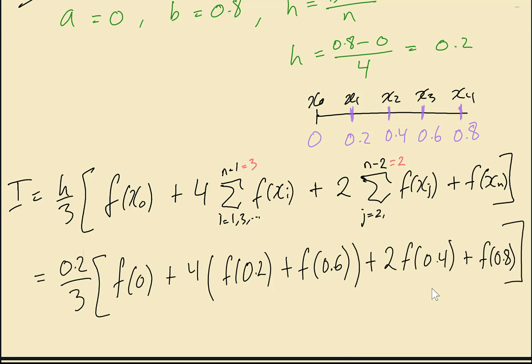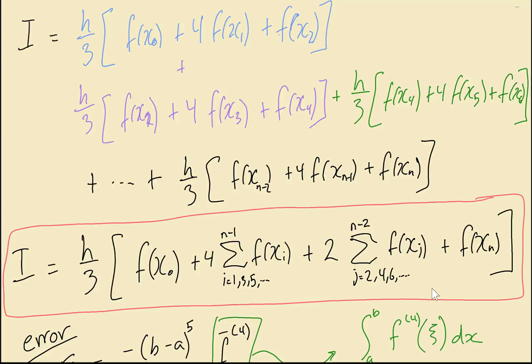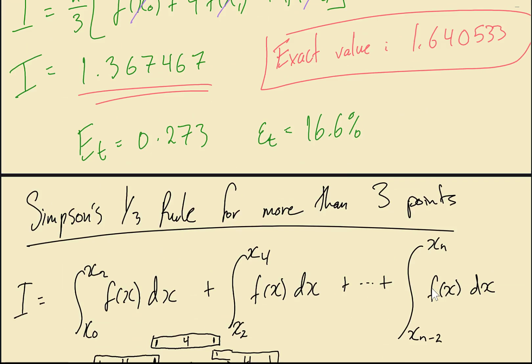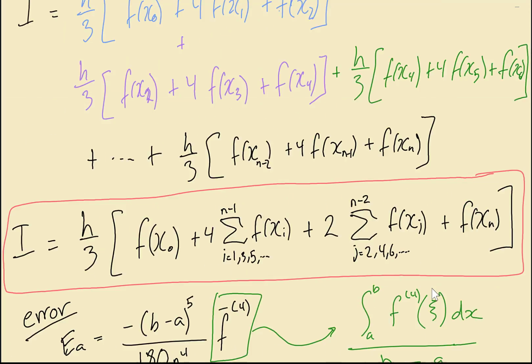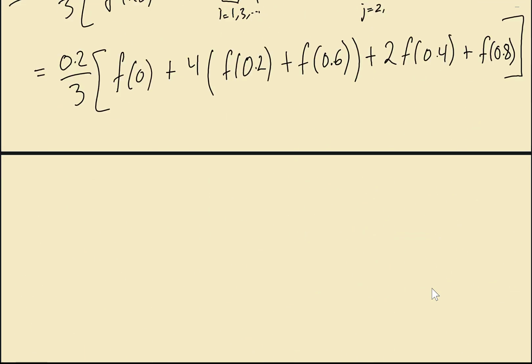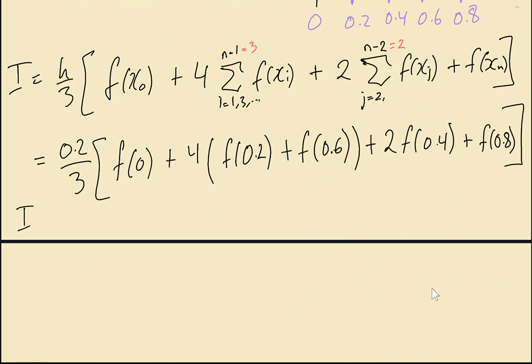Again, you would plug in the 0 to the equation that we have all the way up here, and then you plug in 0.2, you plug in 0.4, and so on. You do all that math, and then you'll end up with a value for the integral, which is 1.62467.